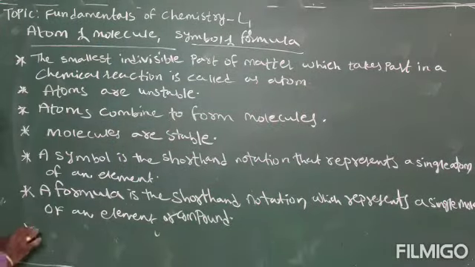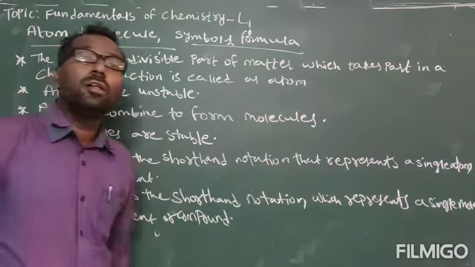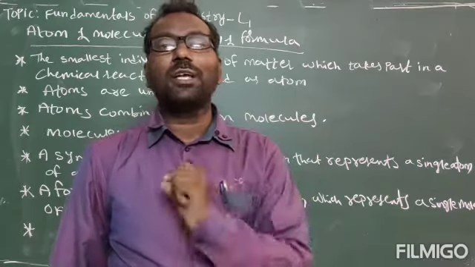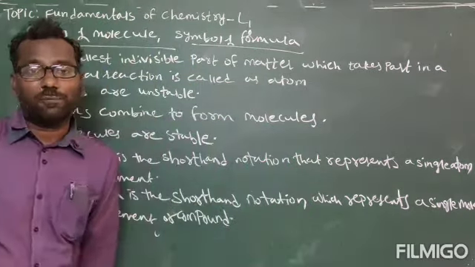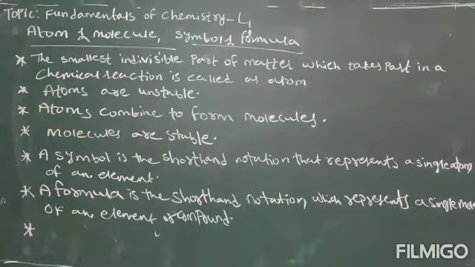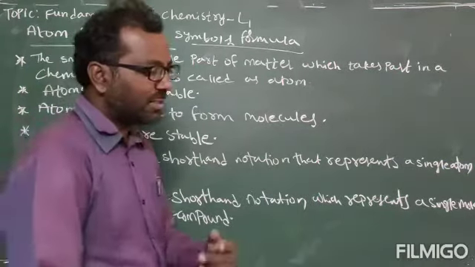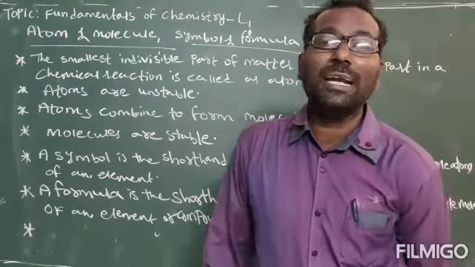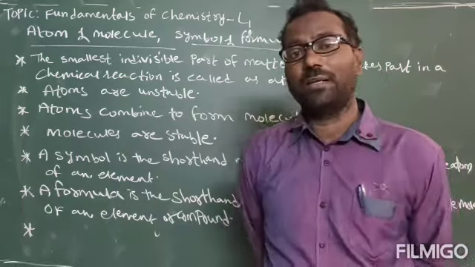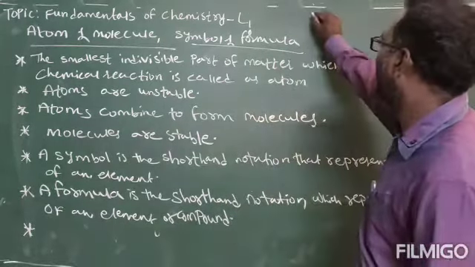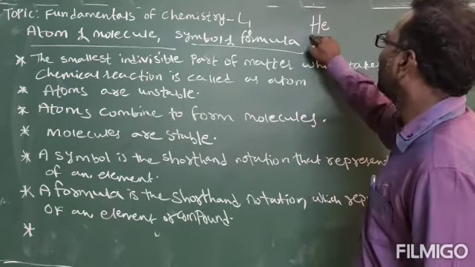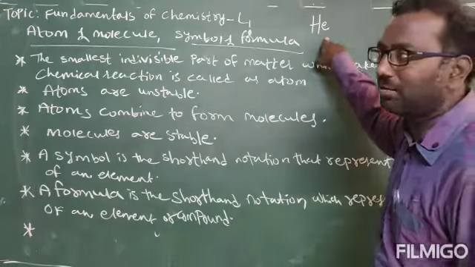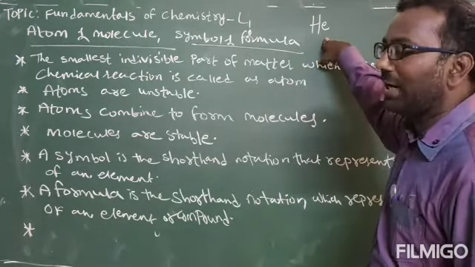So J.J. Berzelius introduced the method for representing the elements using English alphabets. And if two letters are used, the first letter is always a capital letter and the second letter is always a small letter. Suppose you take helium, He: the first letter is capital and the second letter is E, a small letter.